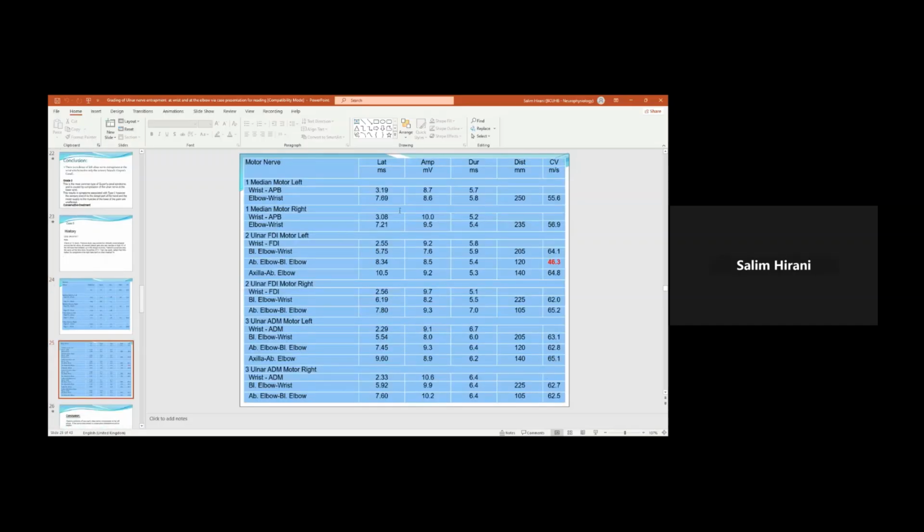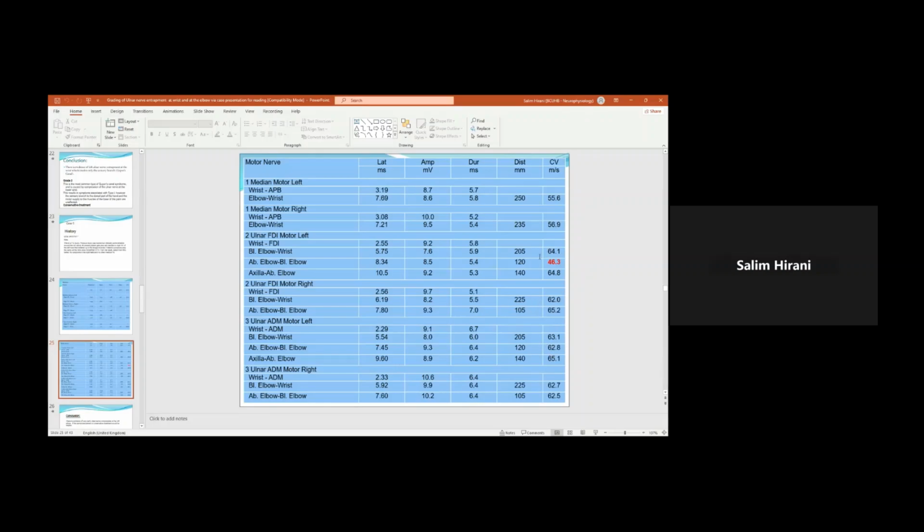In the motor part, the median nerves are normal. Ulnar nerves, distal latencies are all normal, amplitude-wise as well, but there is a slow conduction velocity across the left elbow, as compared to FDI and ADM, which is normal. The other side is normal.